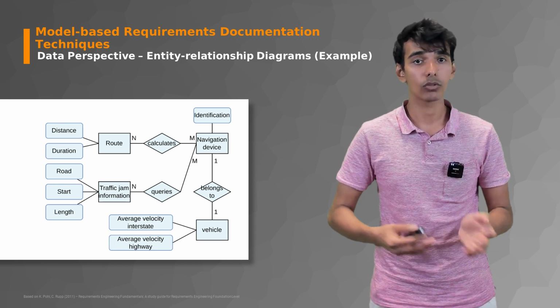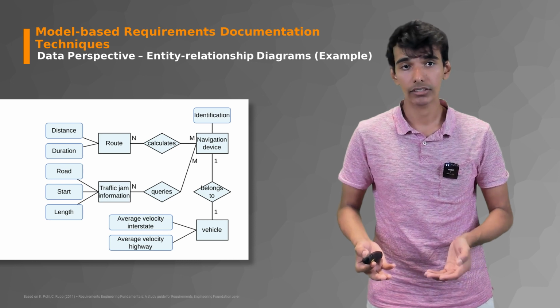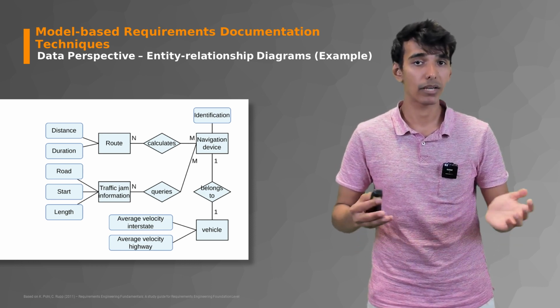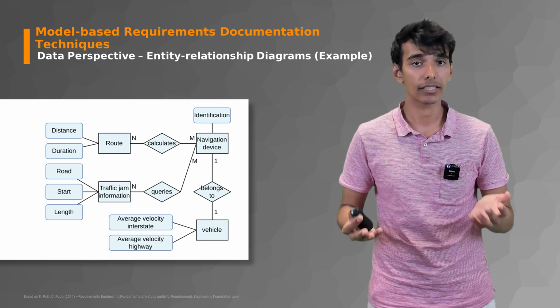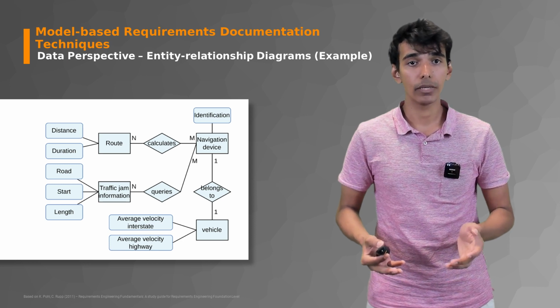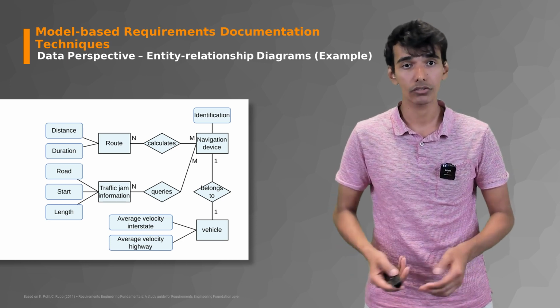So we have an M to N relationship here, which basically means that many navigation devices can calculate many different routes. So there isn't a specific cardinality restriction here. And each route has different information stored inside of it, like distance and duration of the route.